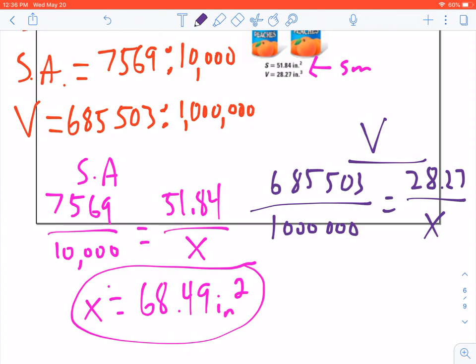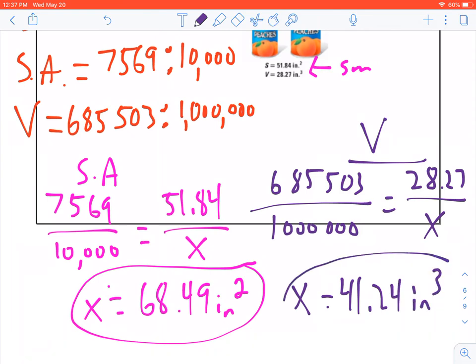Take your 1 million times your 28.27, and then we're going to take that and divide it by 685,503. We get a volume of my larger can to be 41.24. And in this case, we're dealing with inches cubed, since we were looking at volume.